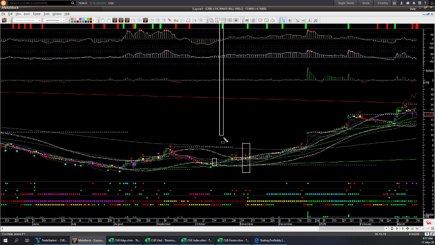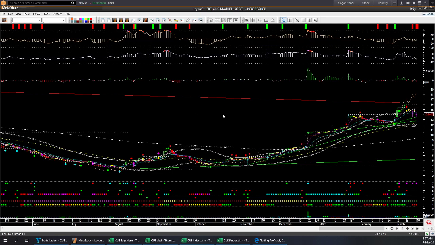Nowadays my eyesight is not so strong, so what I did, I am displaying the flow color here in the panel at the top pane. So I know this was a possible buying location and my risk could be very small. My profit ended up being a lot more than the risk.